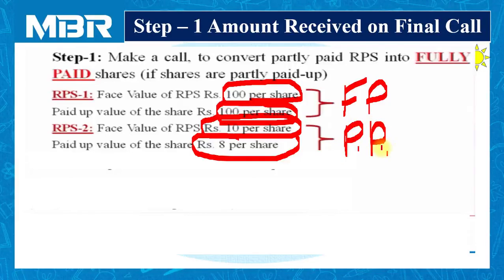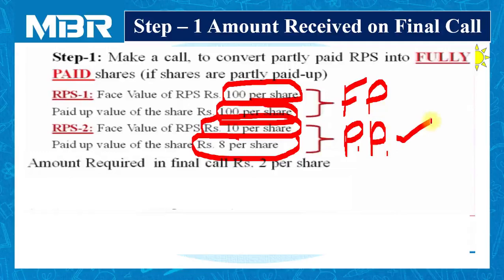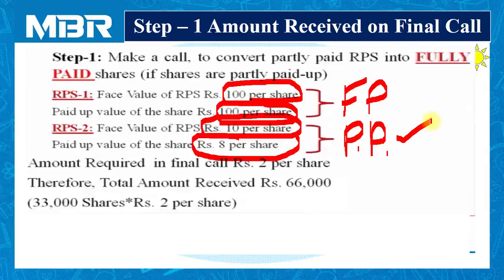So from this information we have decided that we have to make a final call on partly paid shares in order to convert them into fully paid shares. So amount required in final call is rupees 2 per share. Therefore, total amount received by the company on RPS 2, you can check the liability side of the balance sheet.